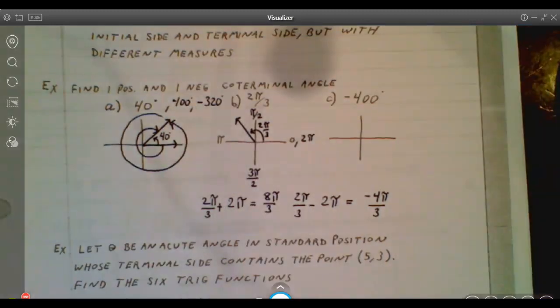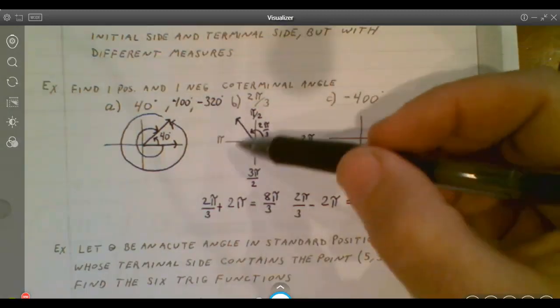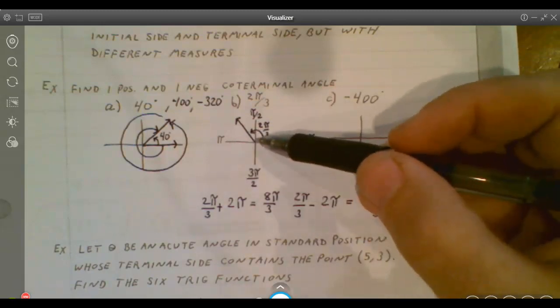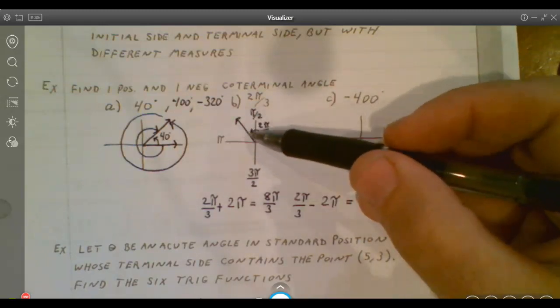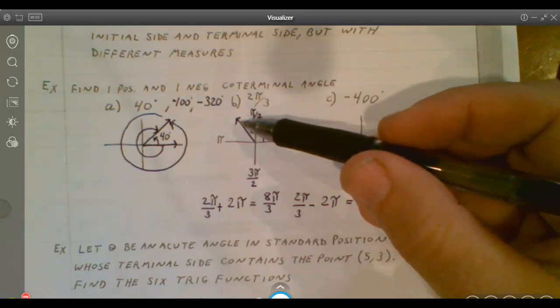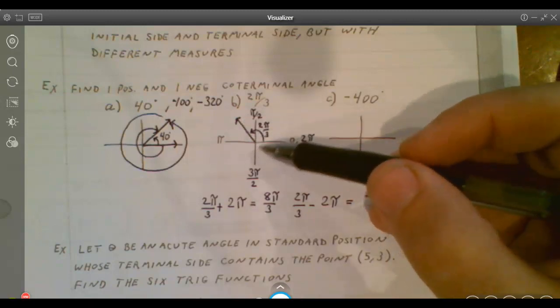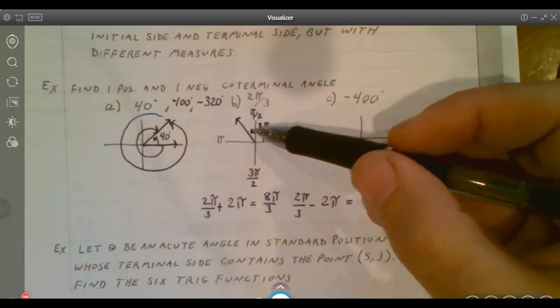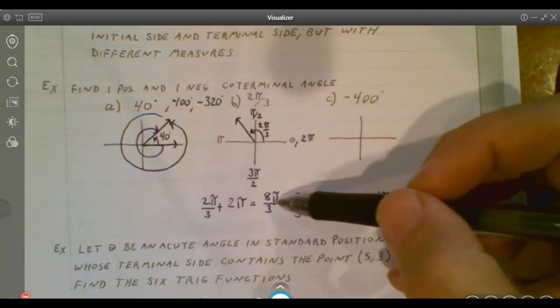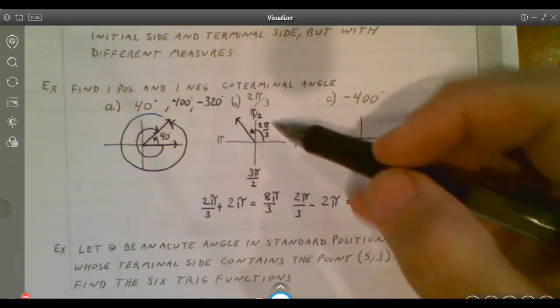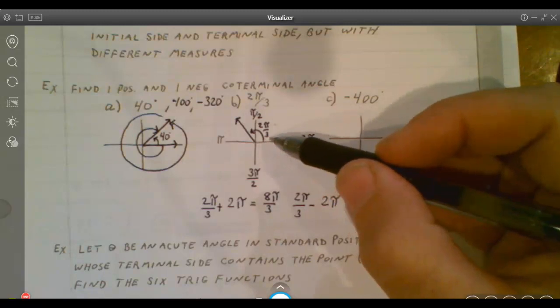As I draw those angles in a Cartesian plane like this, they would all have a terminal side right here. Right? But it's just different approaches to getting there. This one took the shortest route. As I looked at 8 pi over 3, if I travel 8 pi over 3, it's like going like this.